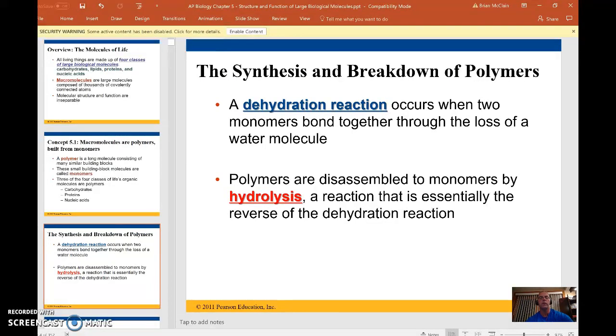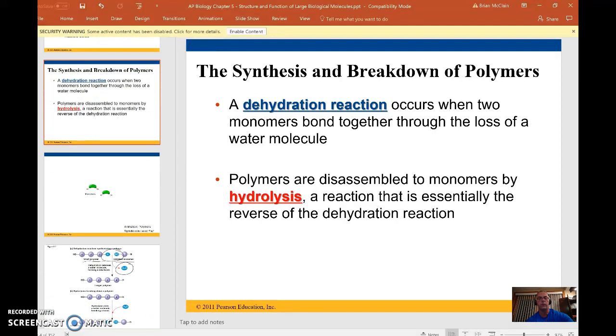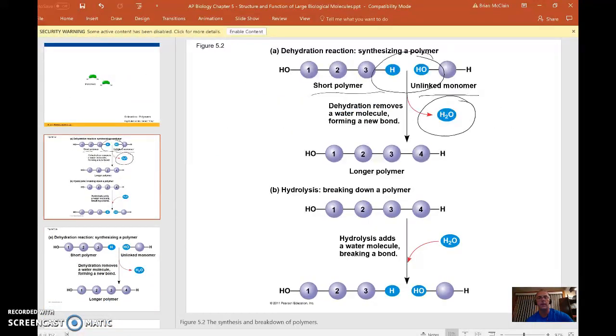When we look at how a dehydration works versus a hydrolysis reaction, I was drawing on here a few minutes ago. Anytime you have a small molecule or a monomer in this case, or in this case right here, we're actually seeing a small polymer, and we want to combine that with another unlinked monomer.